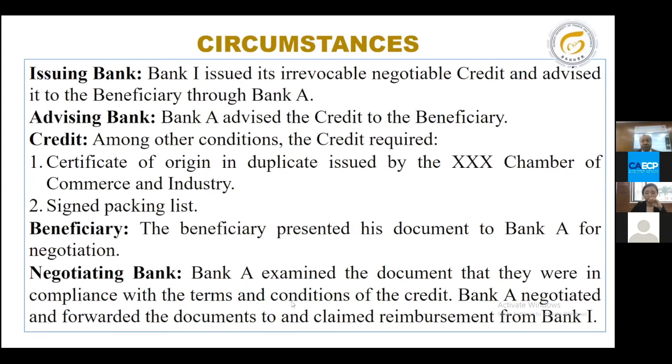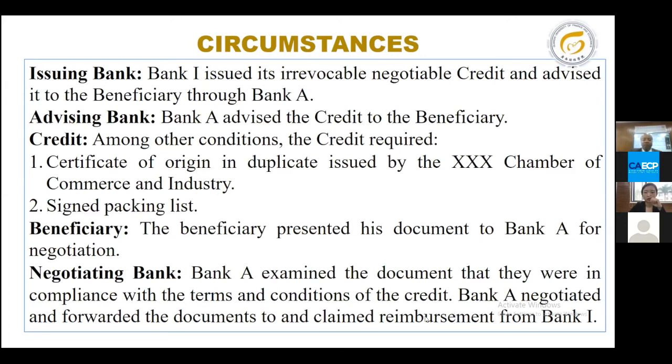Bank A examined the documents to see that they were in compliance with the terms and conditions of the credit. And Bank A negotiated and forwarded the documents to claim reimbursement from Bank 1.